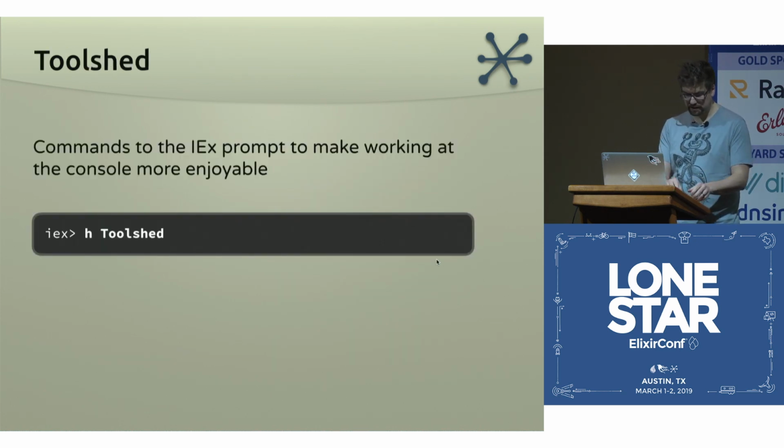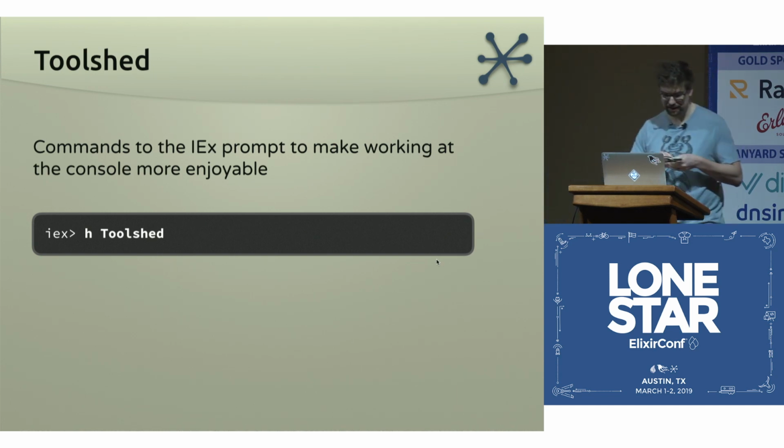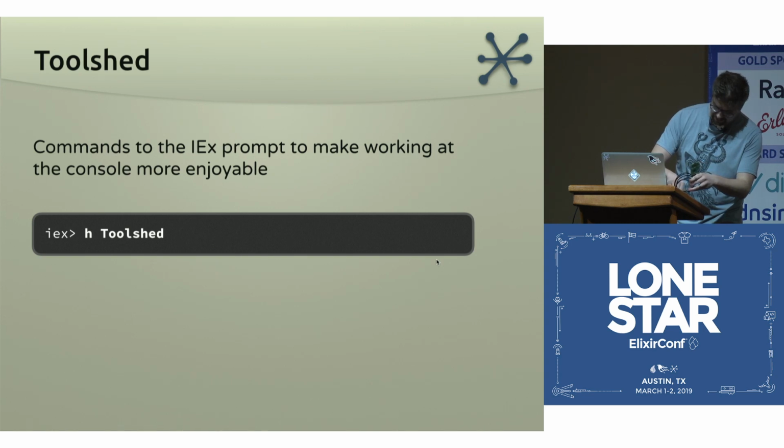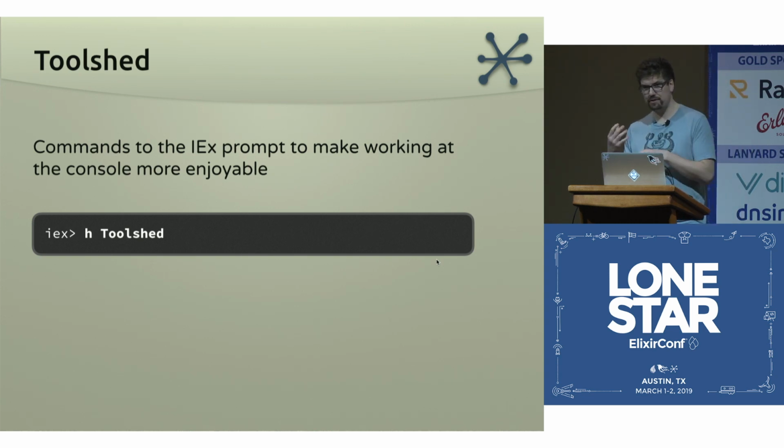And then we also have this other one called Toolshed. Toolshed is a helpful package that contains a lot of different helper functions as well. Toolshed's nice. When you type at the prompt, if you're used to Linux, you think, let me see what the IP address of this node might be, ifconfig, and you're like, oh right, I'm in IEx.